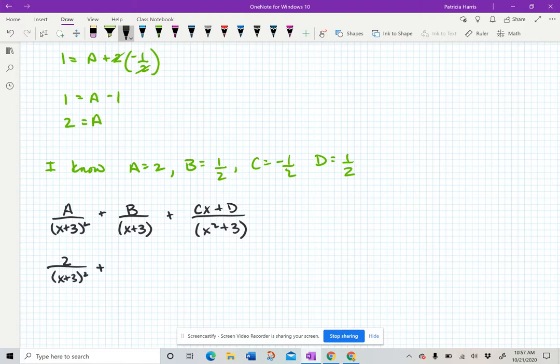plus, okay, so I can write this a couple different ways. You can just go straight 1/2. I'll show you a cleaner way to write it in a minute. And then whew.